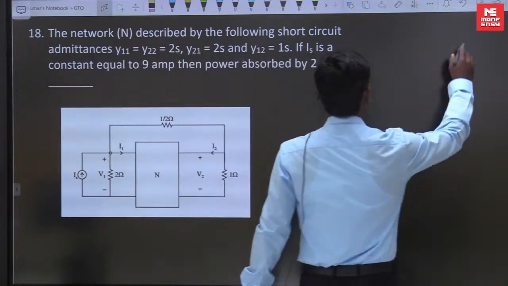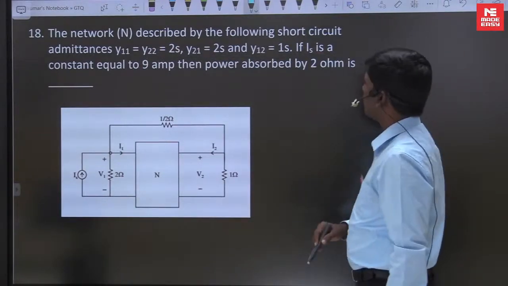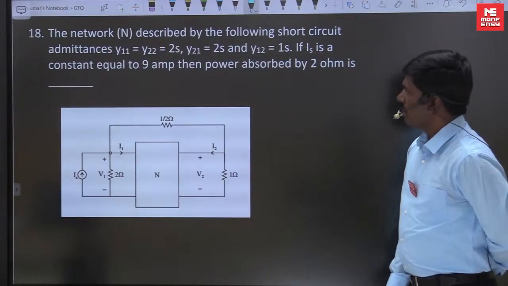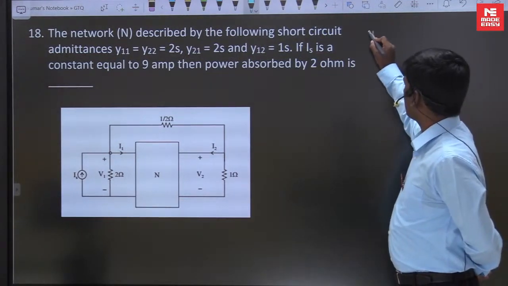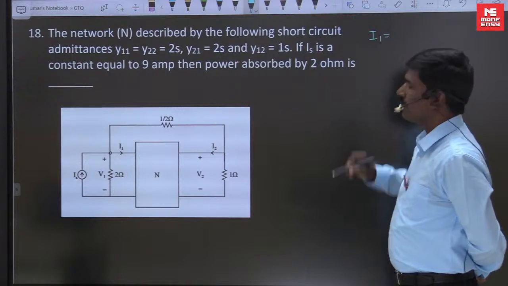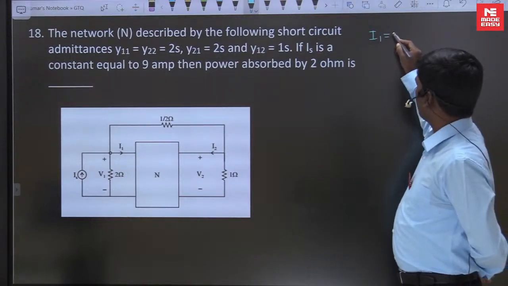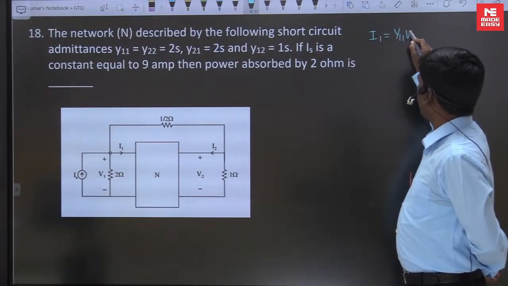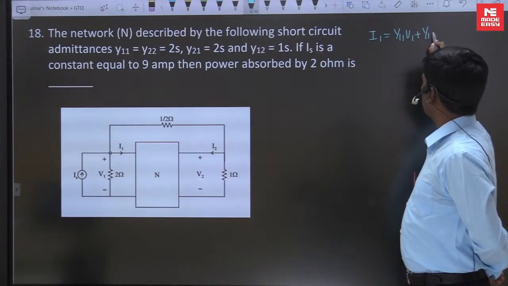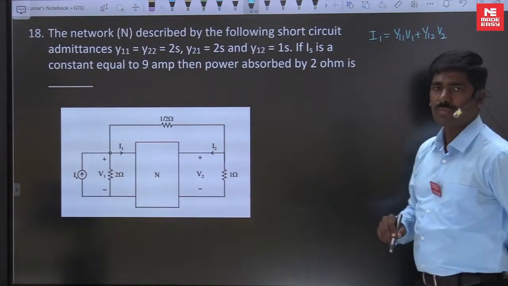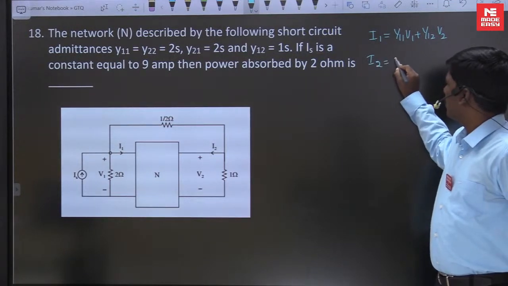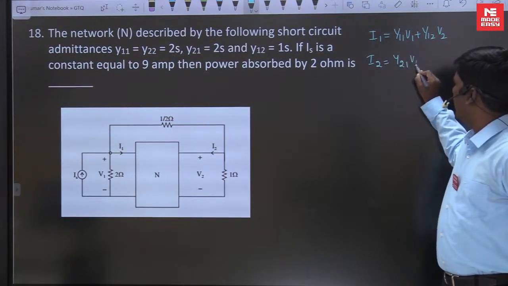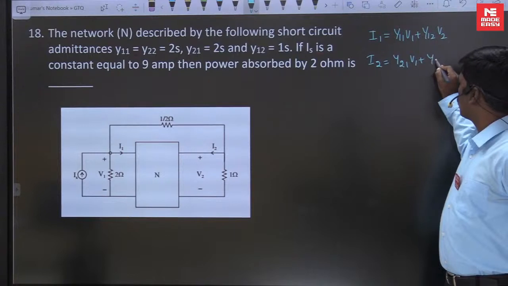From the given information, first write the short circuit parameter equations. I1 is equal to y11 V1 plus y12 V2. I2 is equal to y21 V1 plus y22 V2.